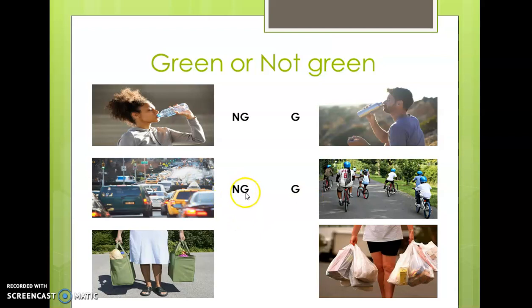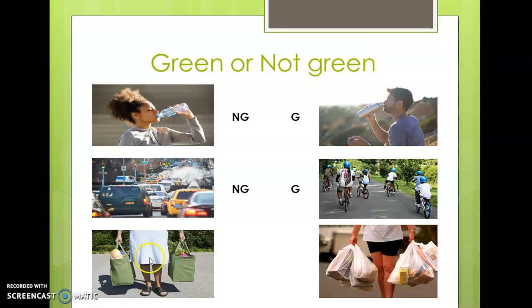In this case, not green and green, because this is public transportation, so this is not a green activity. But on the other hand, this situation is very useful because they are not producing any contamination or anything that can damage the environment.